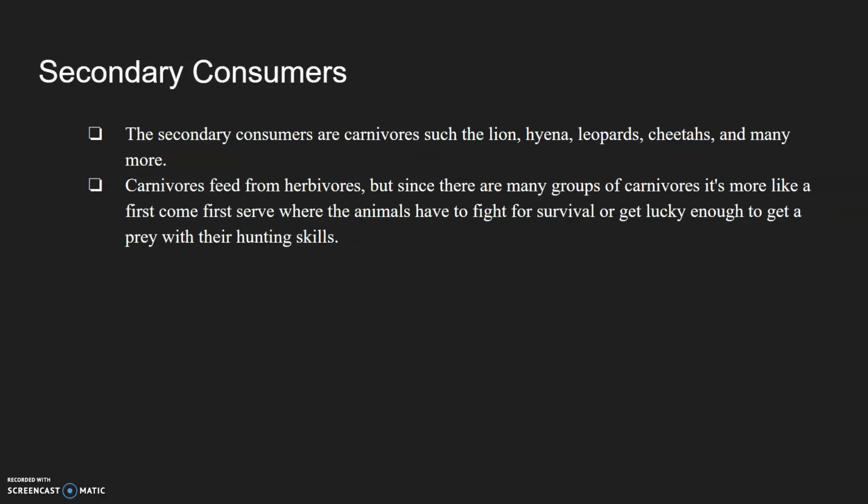So now secondary consumers. The secondary consumers are carnivores such as the lion, hyena, leopards, cheetahs, and many more, like I was talking about earlier. Carnivores feed from herbivores, but since there are many groups of carnivores, it's more like first come first serve, where the animals have to fight for survival or get lucky enough to get a prey with their hunting skills.